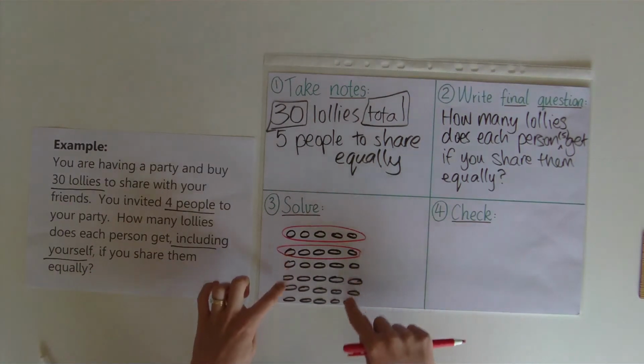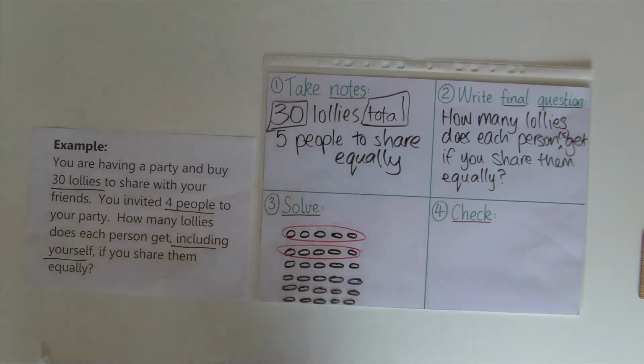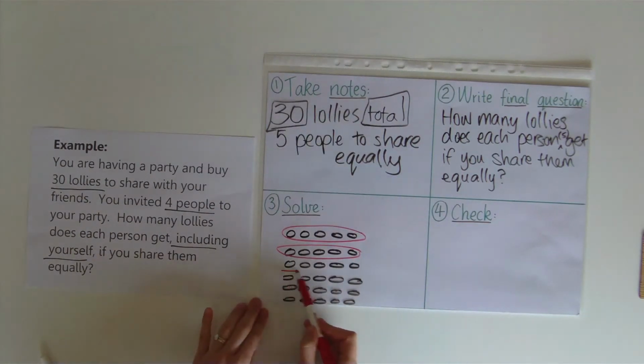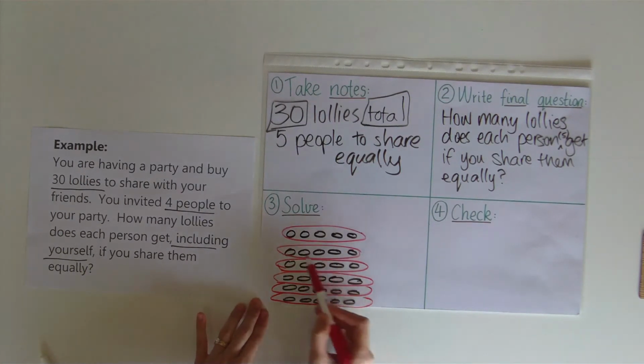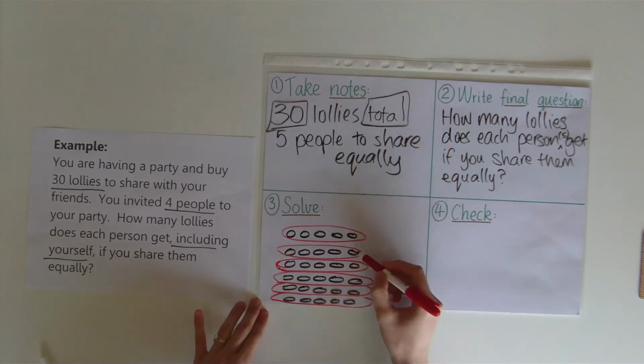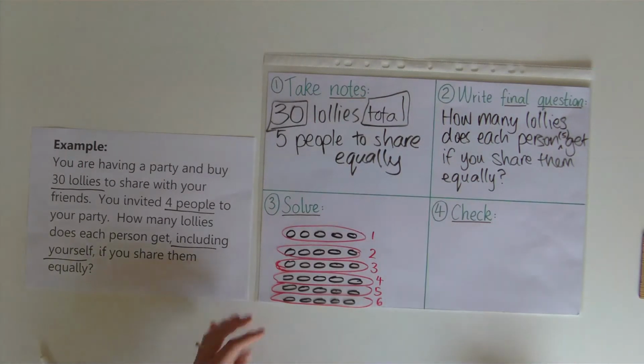And I can tell that there are 5 in each row as we go across, because they're all scattered underneath each other. So I'm just going to circle around each group of 5 that I have. Ooh, a bit tight there. And how many groups do I have? I have 1, 2, 3, 4, 5, 6 groups.